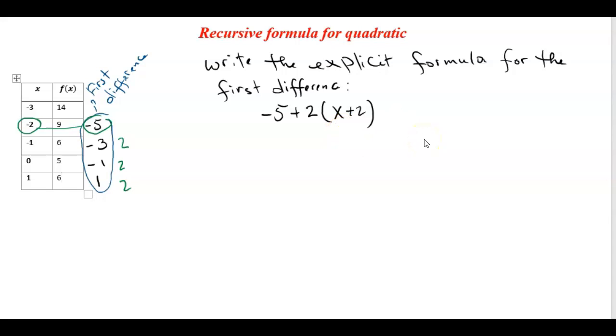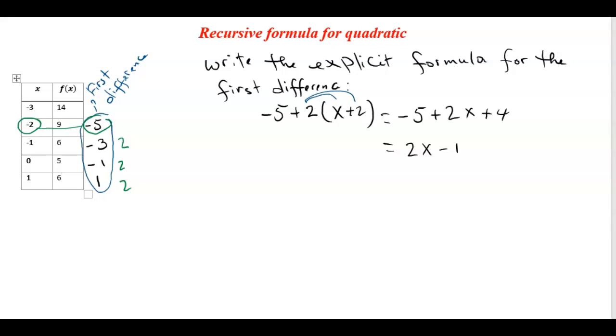Now we can use the distributive property to simplify. 2 times x is 2x, and 2 times 2 is 4, so plus 4. If you combine like terms, negative 5 plus 4 is negative 1. So we're going to have 2x minus 1.